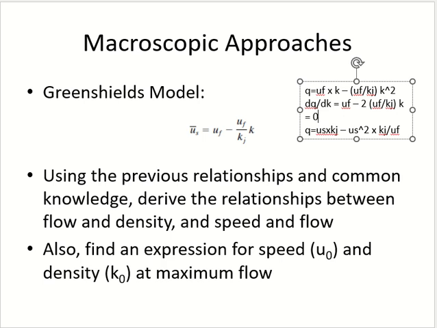Got it? K does not become Kj upon 2 in all conditions, only when slope is 0, and slope is 0 when you have capacity. So K naught is the density at capacity, which is Kj upon 2.